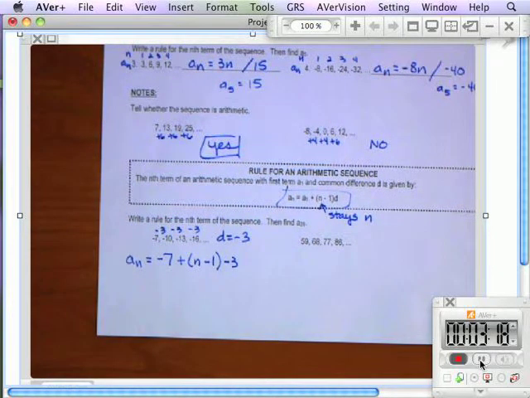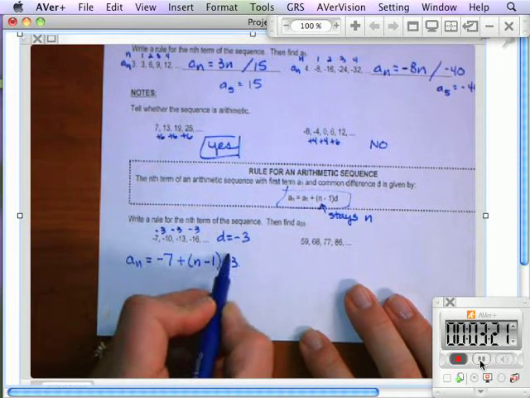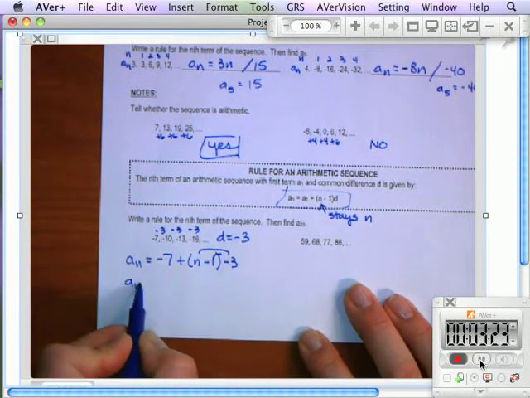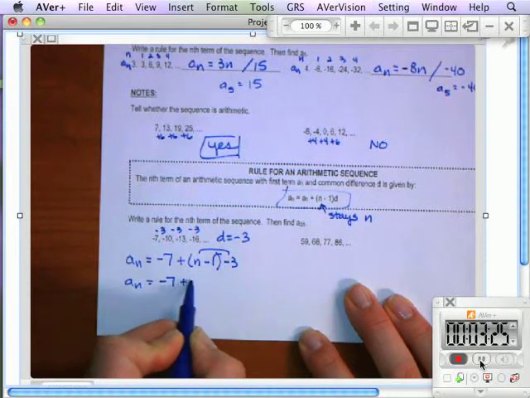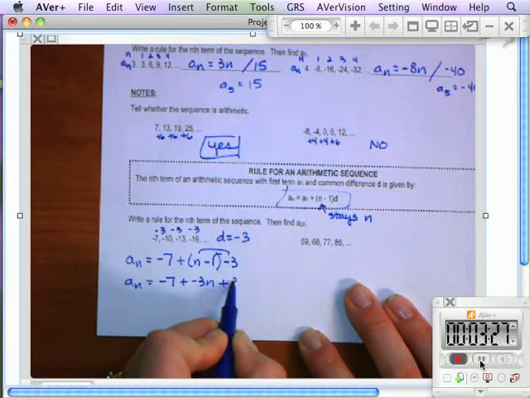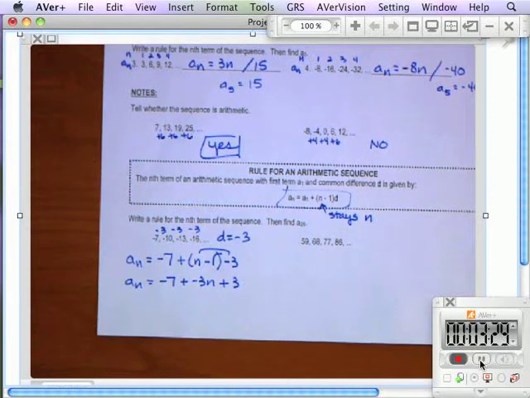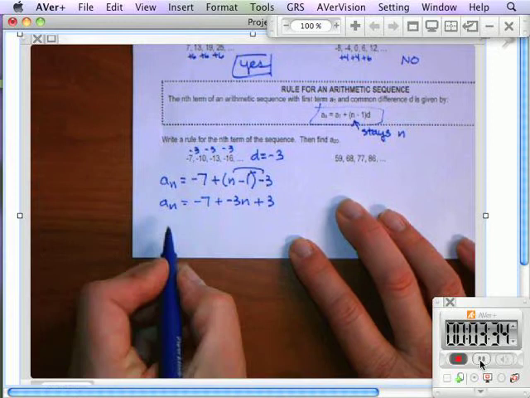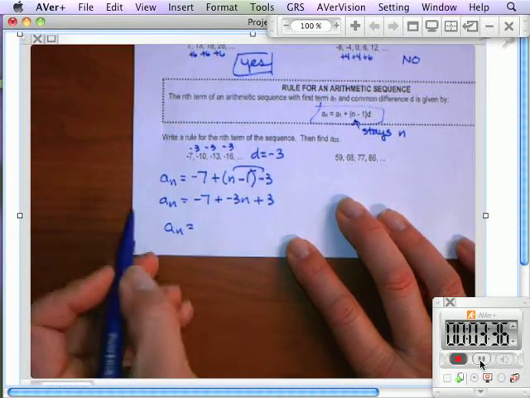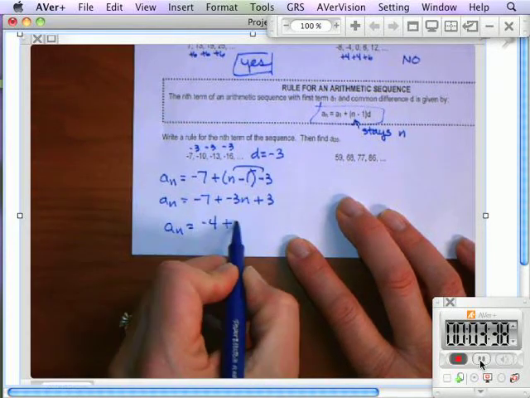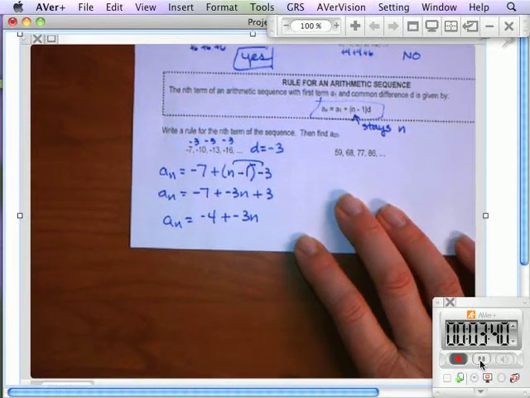So I'm going to distribute that negative 3 and just make this prettier. Combine the two. And you can write it like this, or you can flip it. It doesn't really matter. And there's your function.